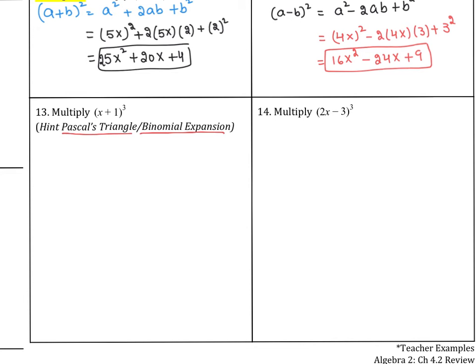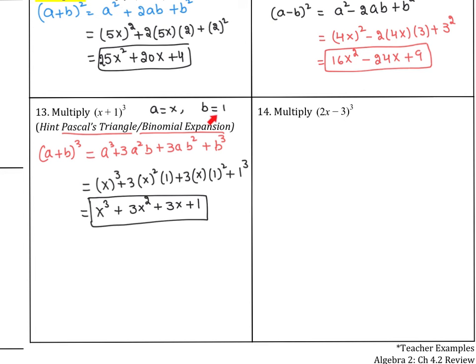So the binomial expansion formula for (a plus b) cubed is equal to a cube plus 3a square b plus 3ab square plus b cube. Now, once we figure out what is a and b, then all we have to do is plug it in here. So in this case, a is x and b is 1.